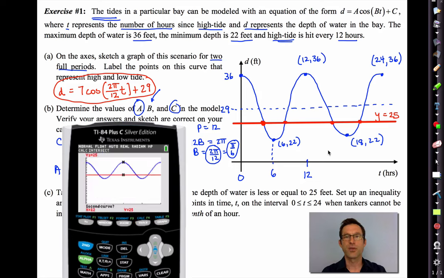Then it says second curve. I hit enter, right? And then it says guess. So I'm going to bring my cursor over so that it's as close as I can get it to that leftmost intersection point. Once it's really close to that left intersection point, that's when you hit enter. So let's do that now.